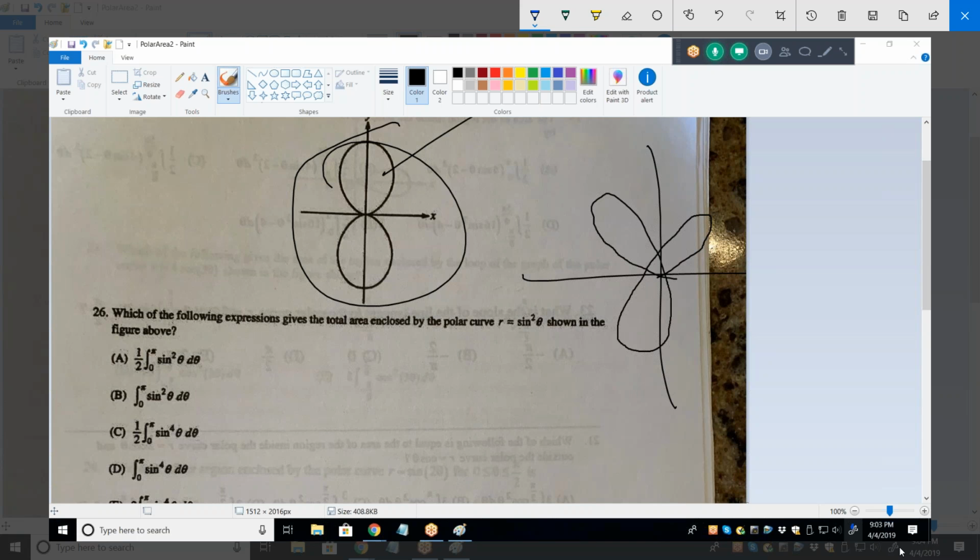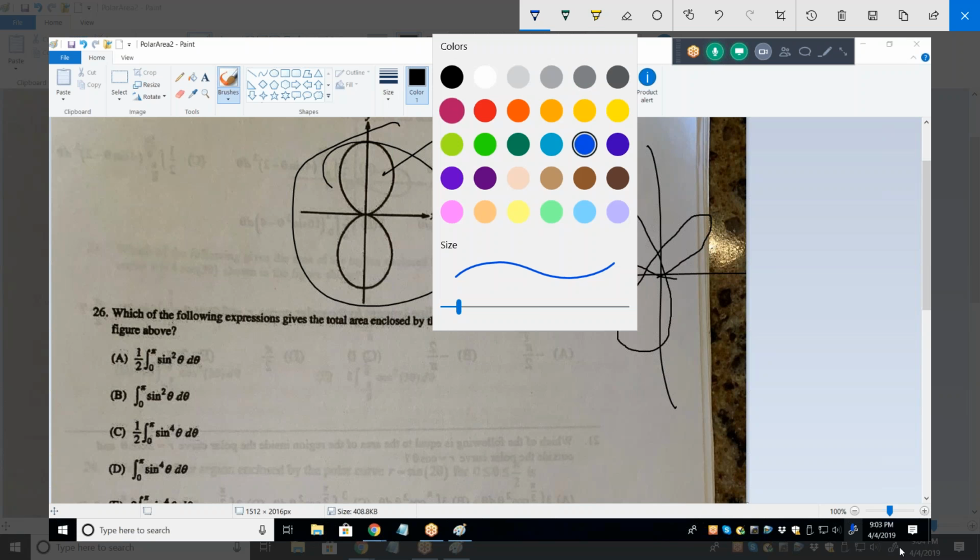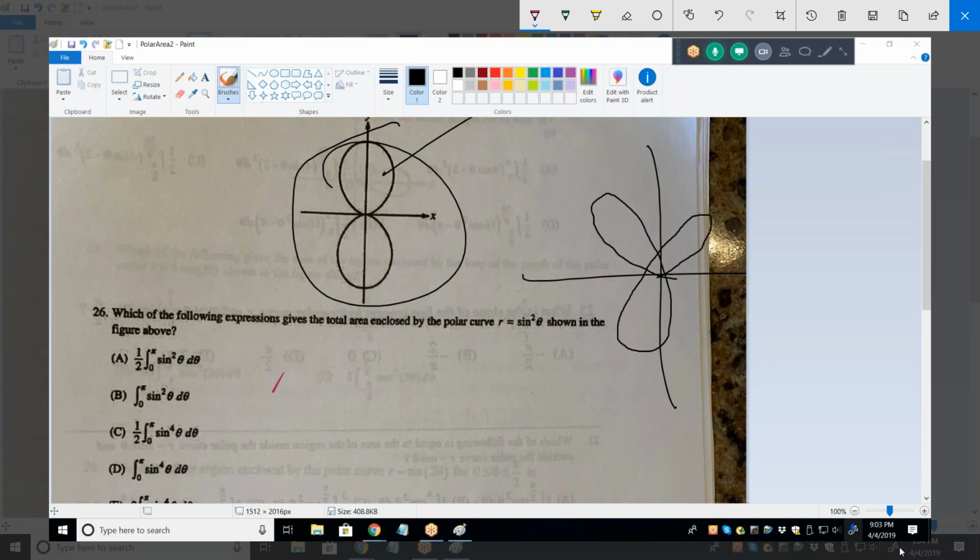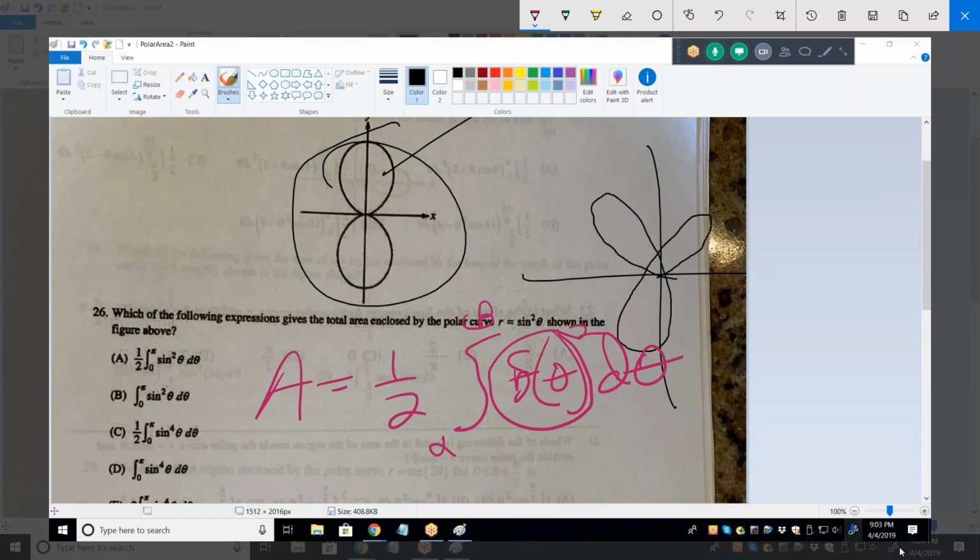Okay. So what's the general formula for the area of a polar? The general formula? For area, it's 1/2 integral from alpha to beta of r squared d theta, or f of theta squared d theta. Because this tells you it's a function of theta, meaning it's usually a rose or a polar function.